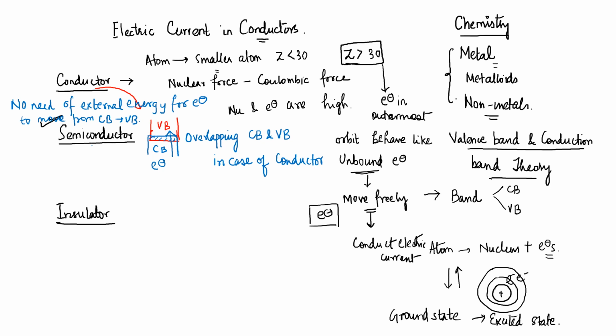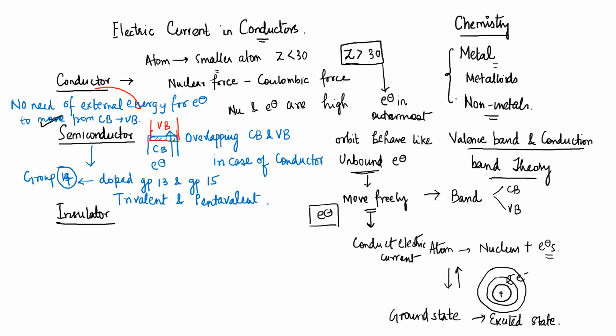Now we will see the case of semiconductors. Group 14 elements make semiconductors, and these group 14 elements are doped with group 13 and group 15. According to that, they are classified as trivalent and pentavalent.